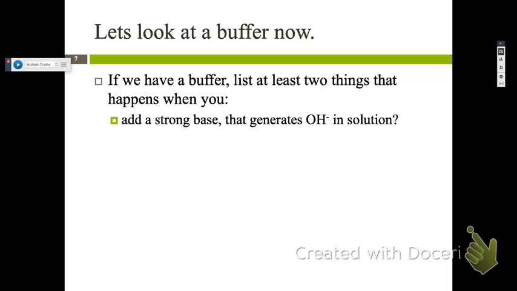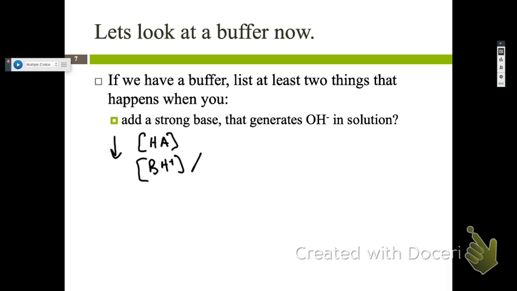So if you add hydroxide to solution, you're going to decrease the concentration of your weak acid. Or it could be, that can be a way to note your weak acid. If your conjugate acid base pair is a base and its conjugate acid. Does everyone see what I'm getting at there?